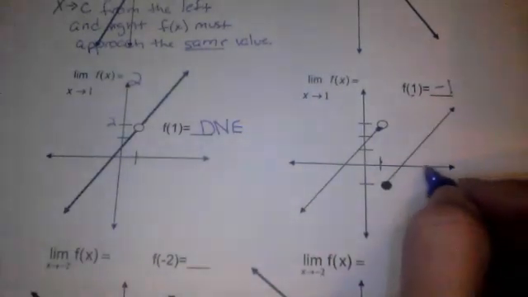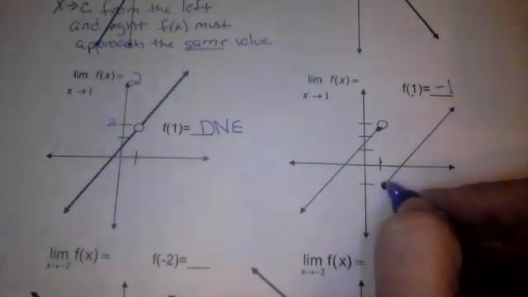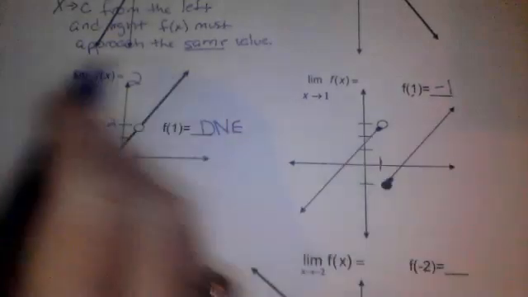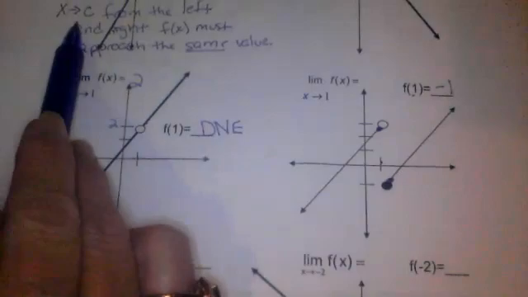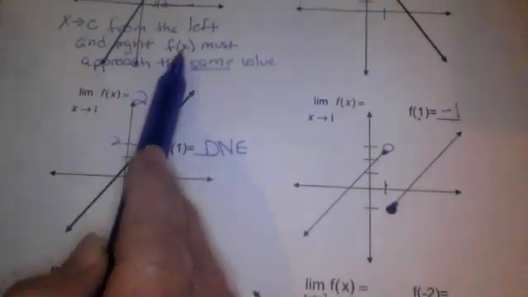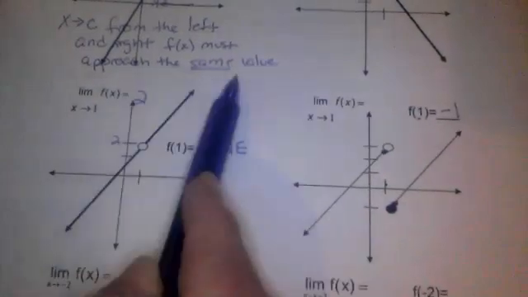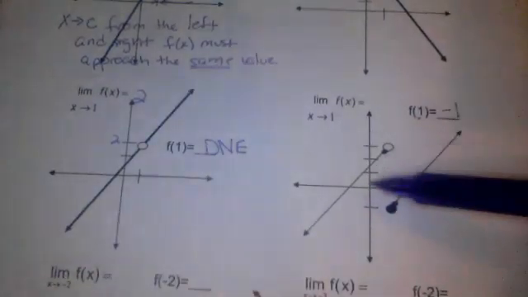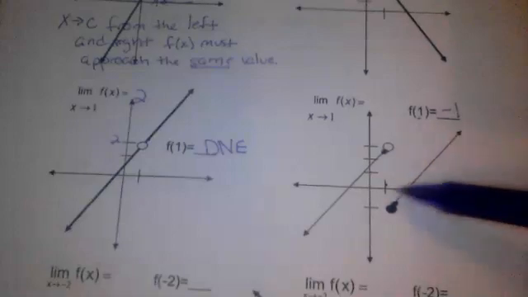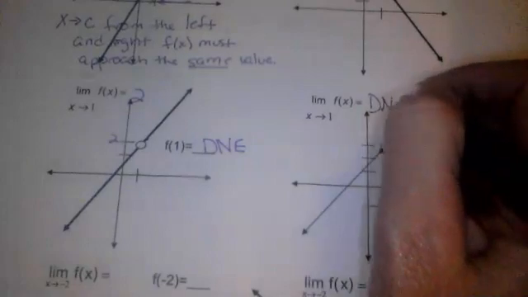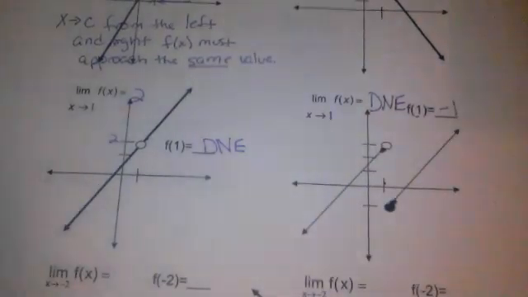And if I come in from this side, that value would be down here somewhere. So as I said a minute ago, when I approach from the left and the right, the output has to approach the same thing or the limit does not exist. So although it's approaching a value here and here, they're not the same, so the limit does not exist.